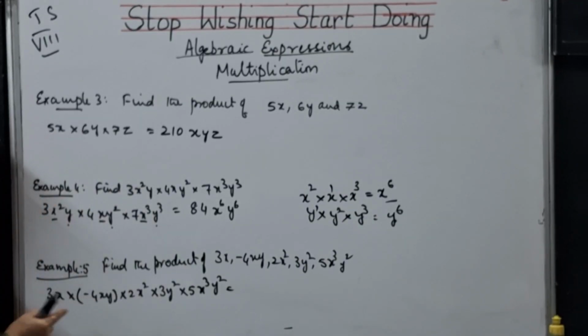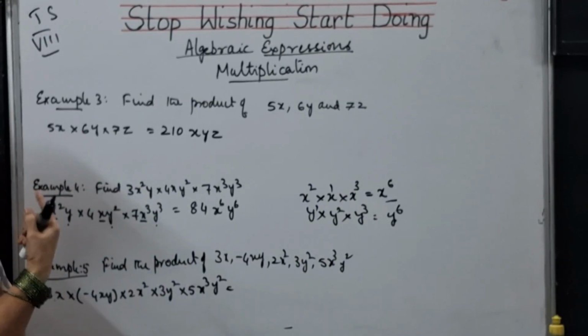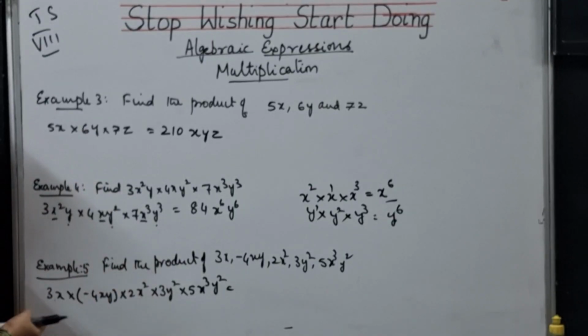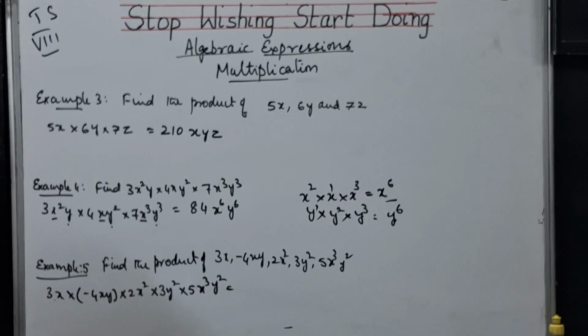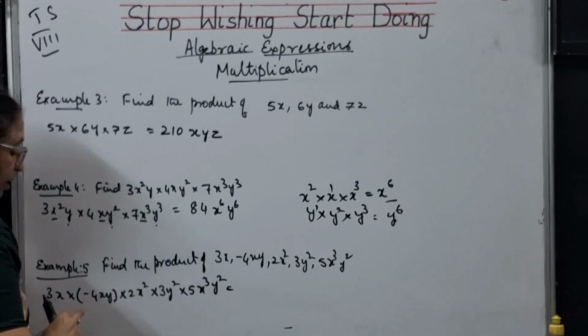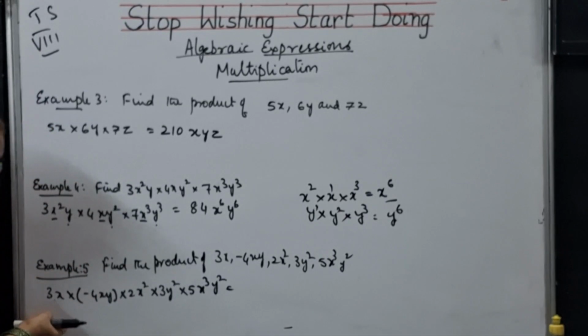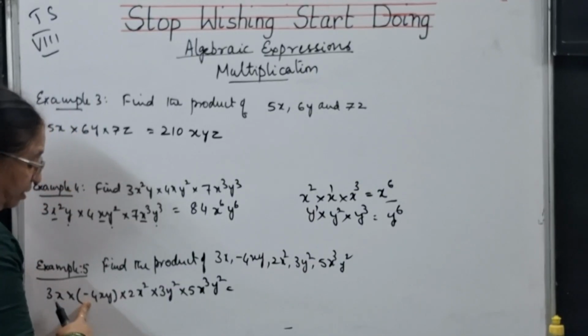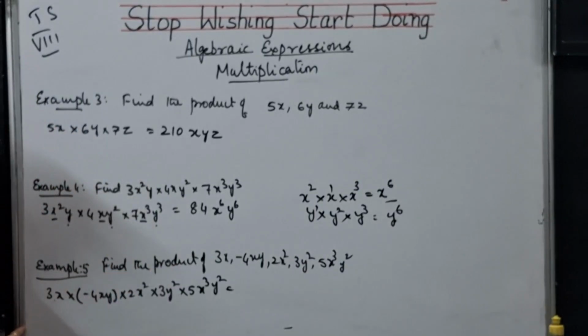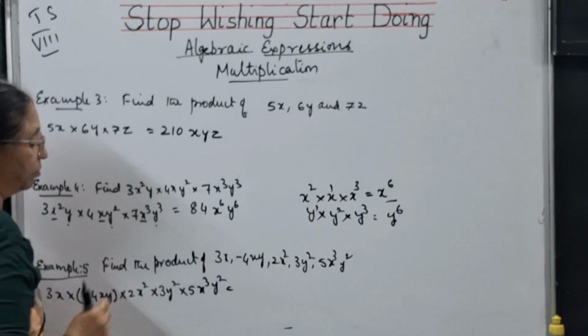If minus signs are odd in number, you will get the answer in minus. So we need not worry about the plus signs. When you are dealing with multiplication, our concentration should always be on negative signs, because signs are very, very important in algebra. If negative signs are even, you will get plus. If negative signs are odd, you will get minus.